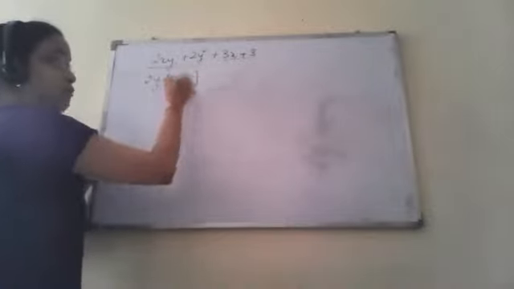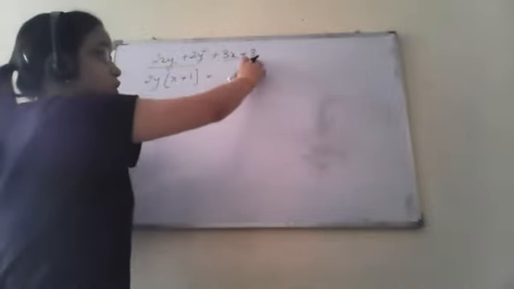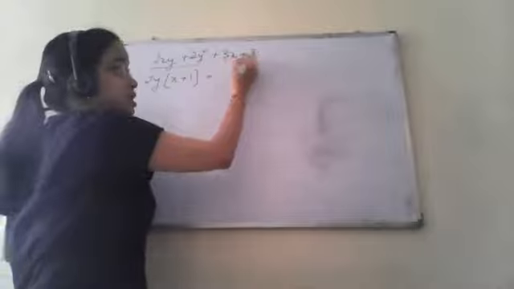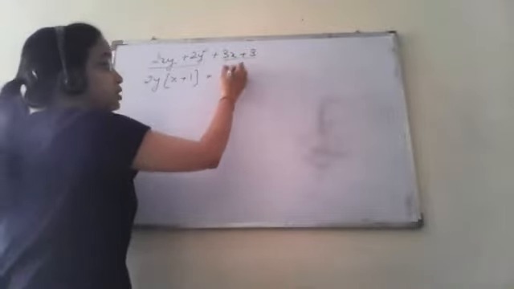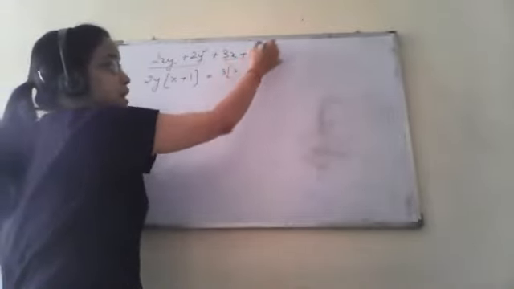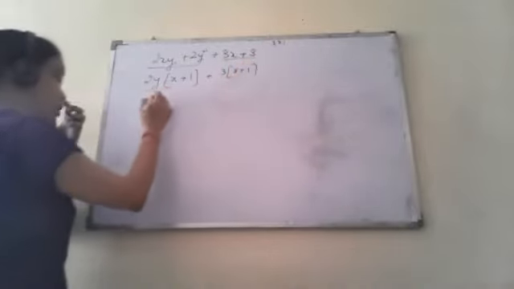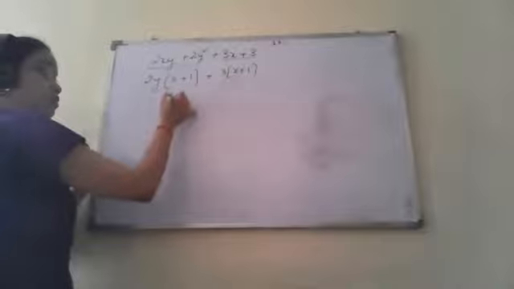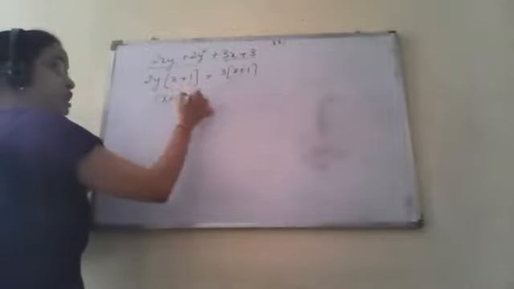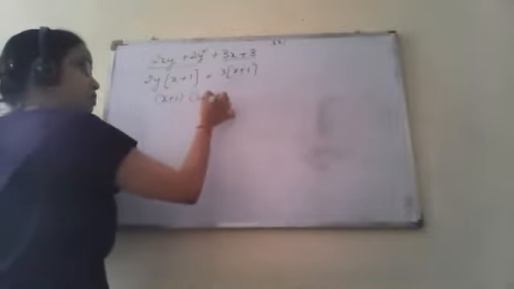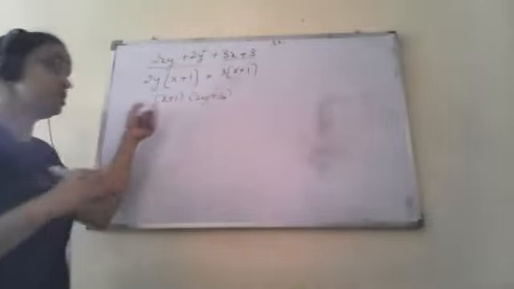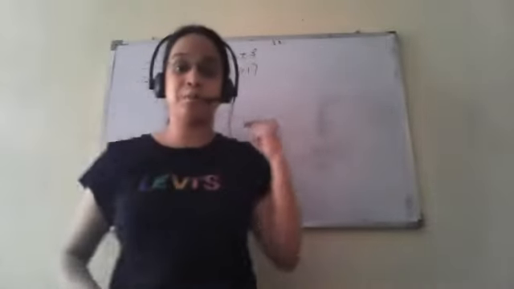From the other two terms, 3x and 3, 3 is common, so we take out 3, leaving x and 1. Now x plus 1 is a common factor between these two terms, and what is left is 2y plus 3. So this is the same as we obtained in the previous case.